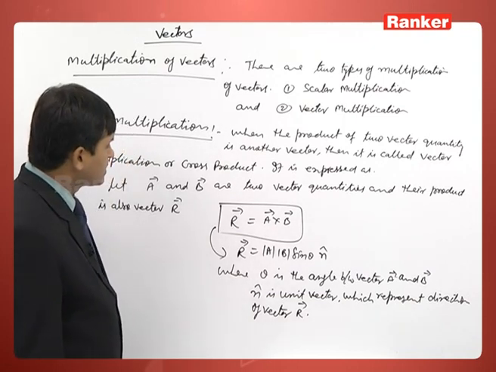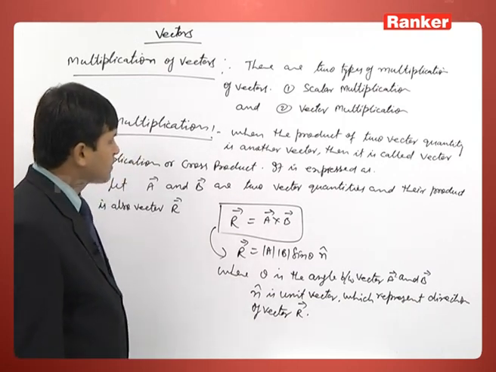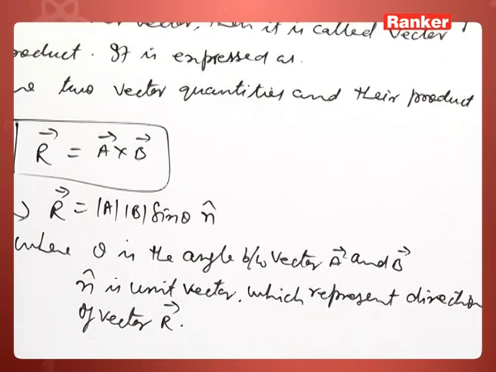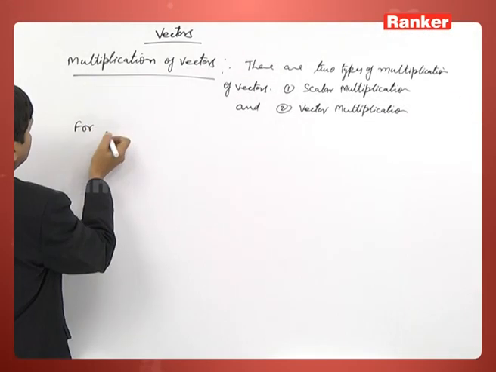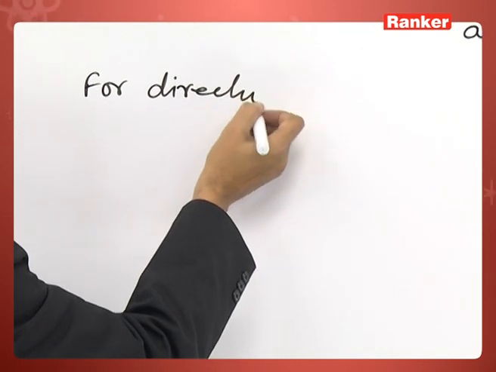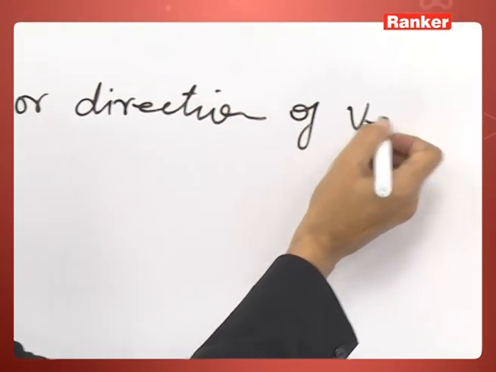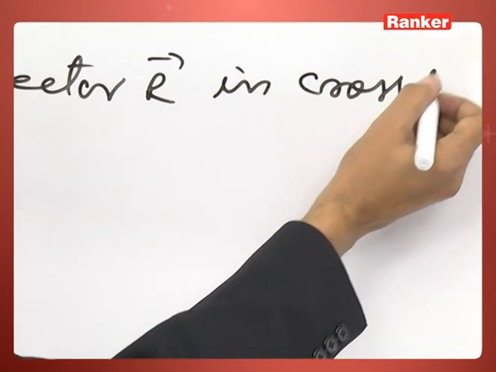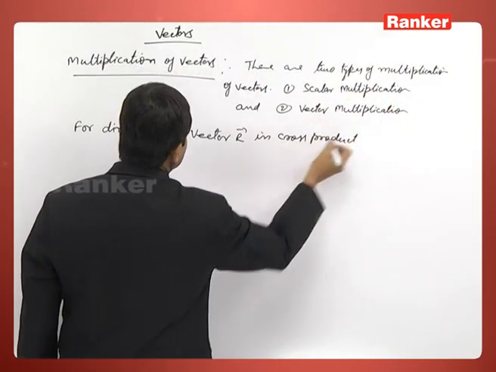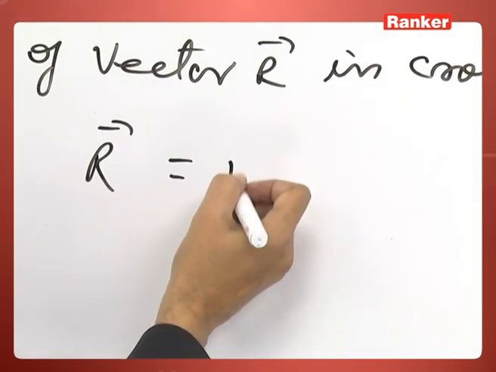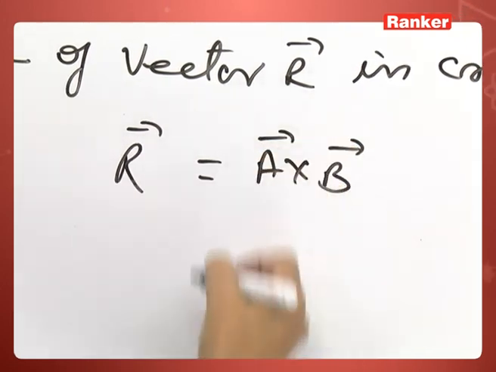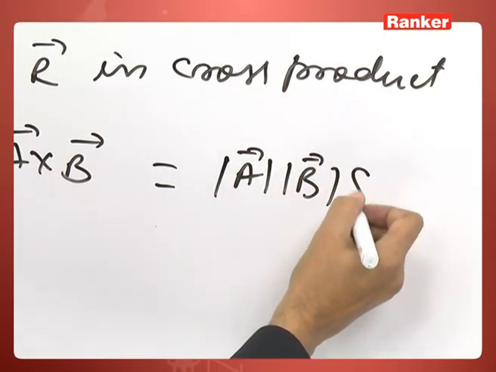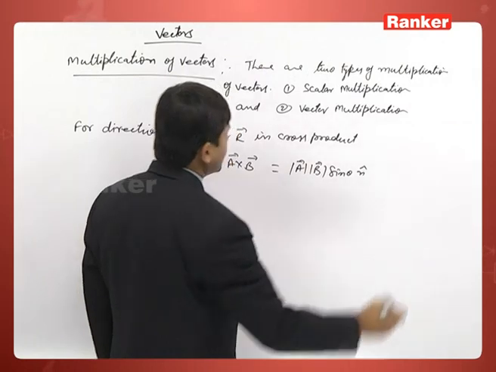So, first of all, how to determine the direction of vector r, and how to get the magnitude of vector r. See here, for direction of vector r in cross product, r is, as we have written over there, A cross B, which is nothing but mod A, mod B, sin theta n cap.